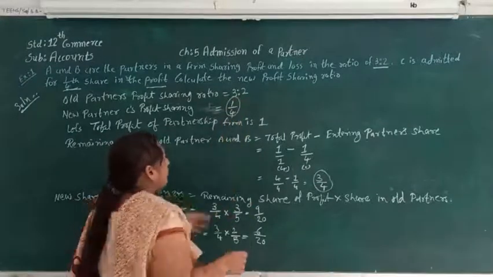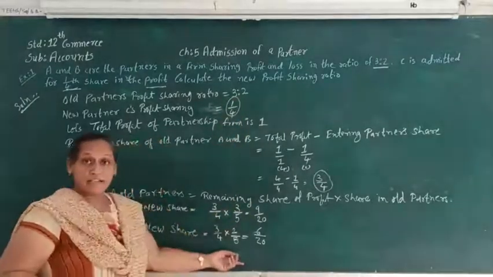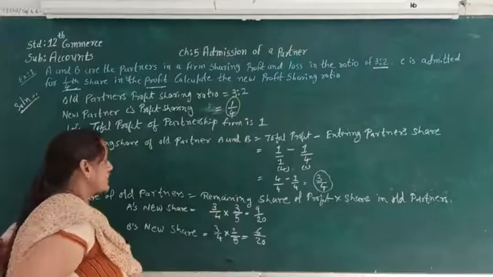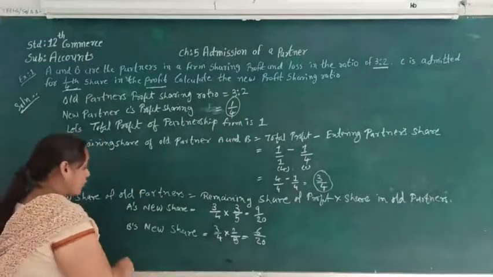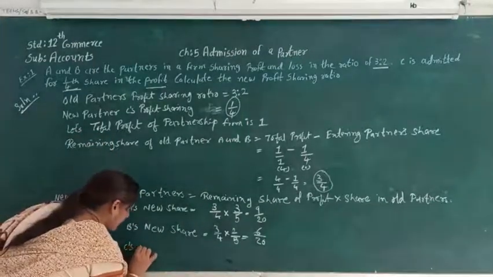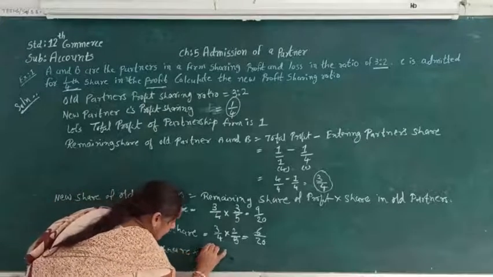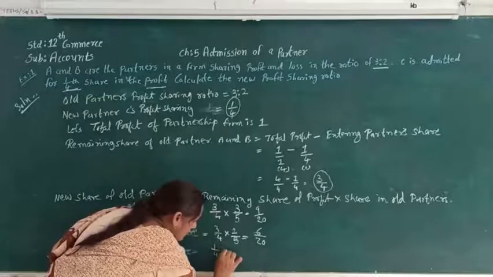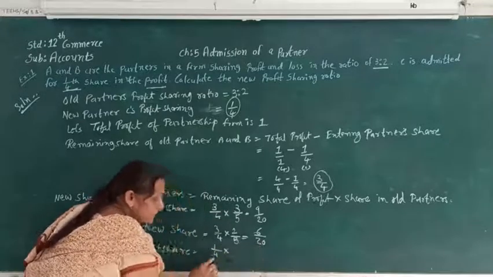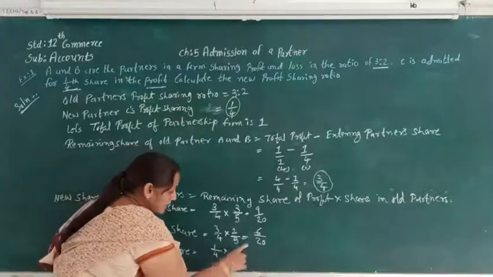And C's share, as we know, is 1 by 4. To make the profit sharing ratio, we have to take this in an equivalent format. So C's new share is equal to 1 by 4 multiplied by 5 to make the denominator equivalent.